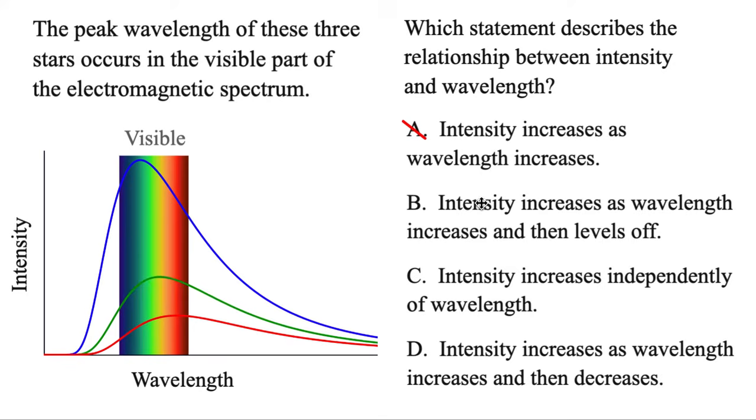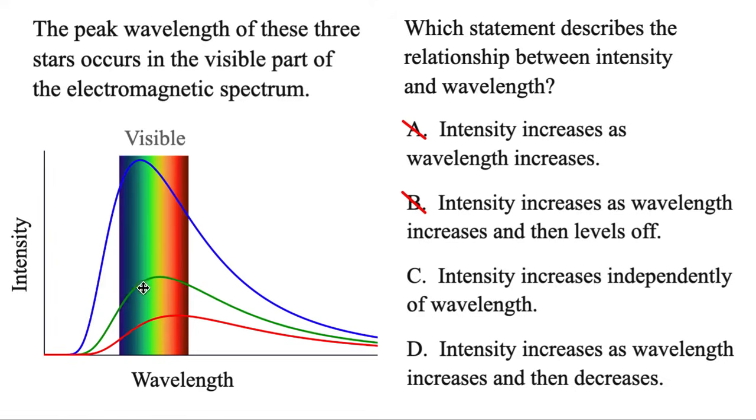Okay, the next one, intensity increases as wavelength increases and then levels off. Well, that one says intensity increases, but then if it levels off, it's just going to go straight across. So that one, not true. Okay, the third one, intensity increases independently of wavelength. Well, independent means that these two are not related to each other.